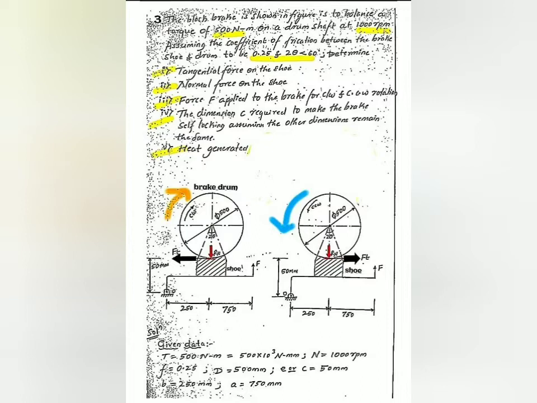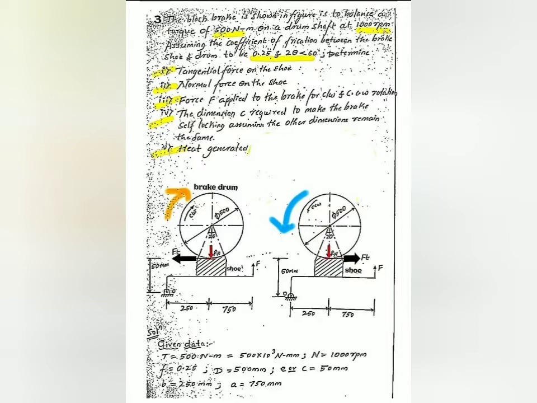Now, there is a coefficient of friction between the brake drum and the shoe, since there is a contact surface between them where friction exists.